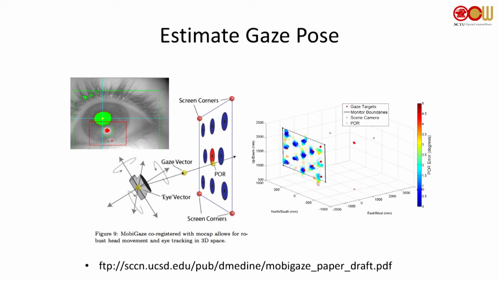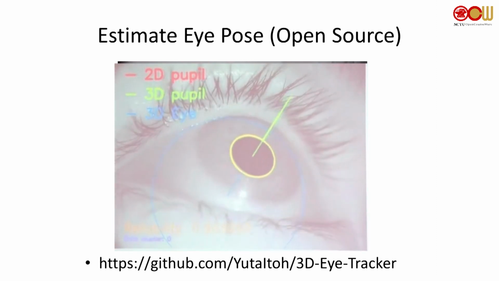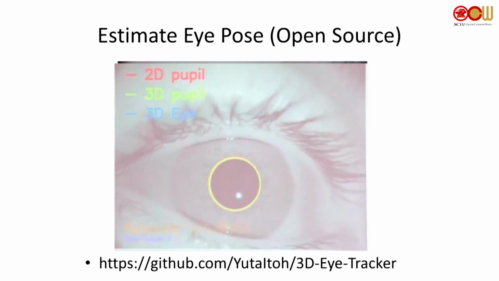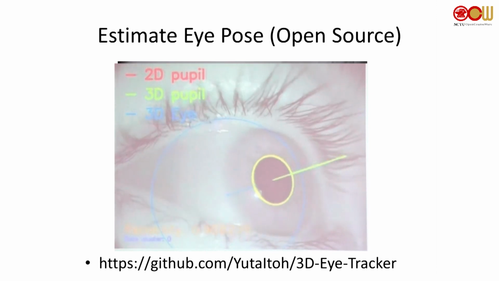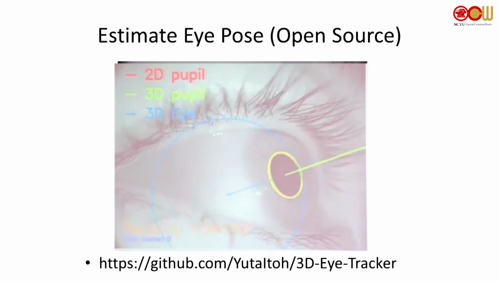So that's the basic principle. This is probably similar to the previous one, the head pose estimation, but a little bit different, because previously there was an RGBD camera, but here you have a calibration and validation step. But the basic principle is similar.